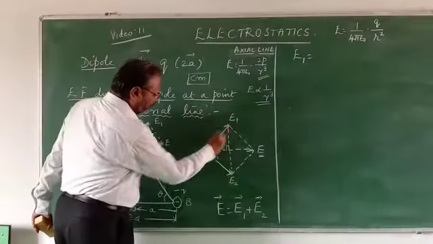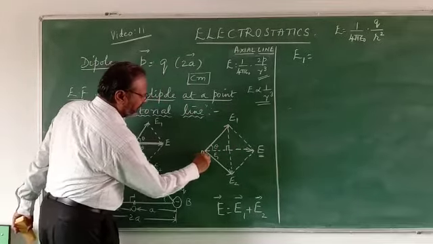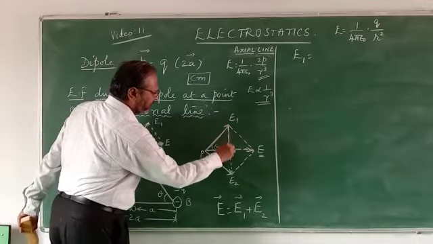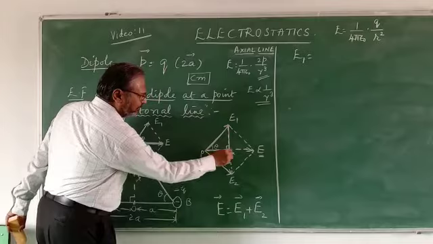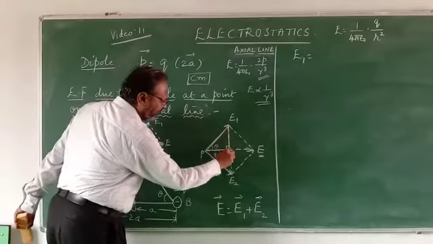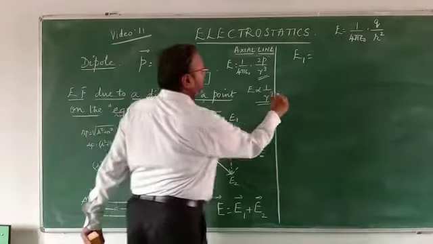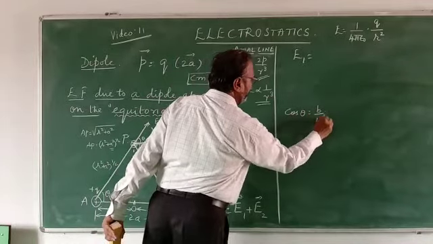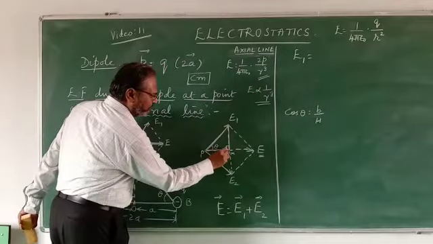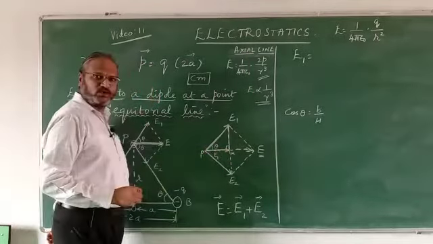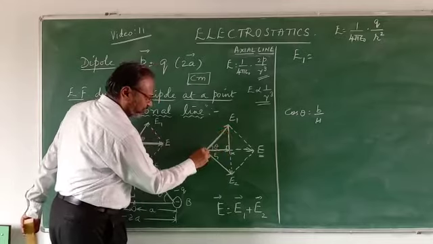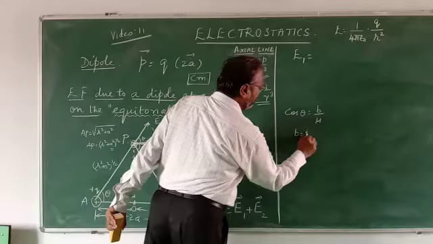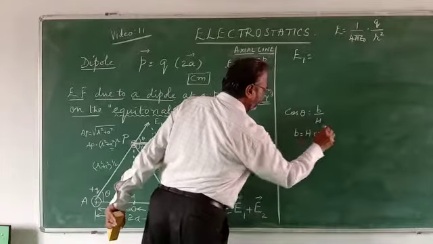Now, let me take this point to be P, and let us say the point is X. In this right angled triangle, this is the base and this is the perpendicular. And what is cos theta? Cos theta is equal to base upon hypotenuse. The base, what we wanted to know, PX is the base we want, and this is the hypotenuse. Fine. And then we can write the base is equal to hypotenuse times cos theta.